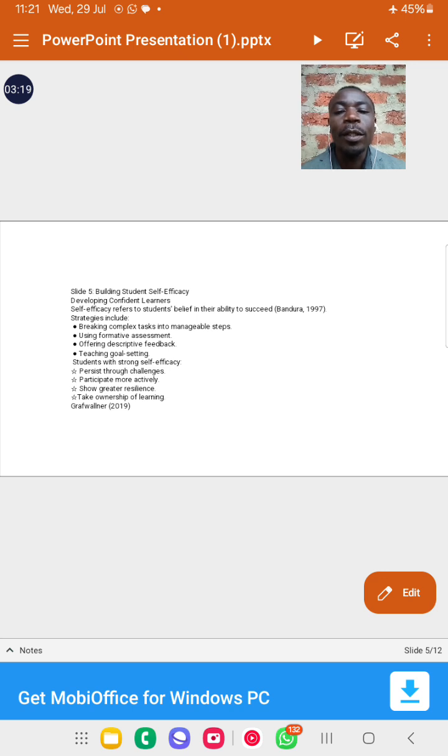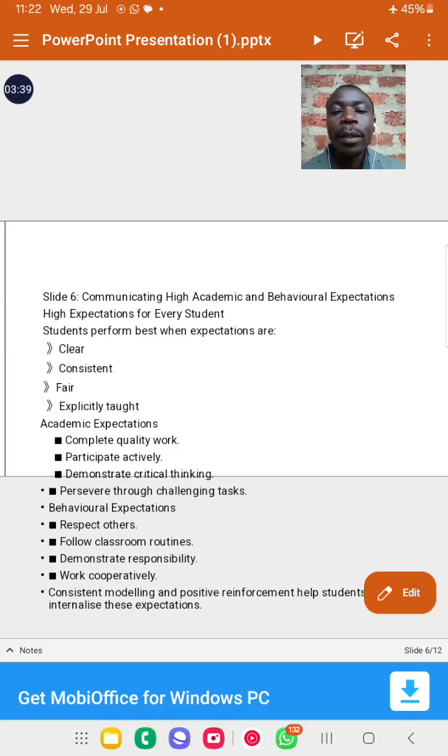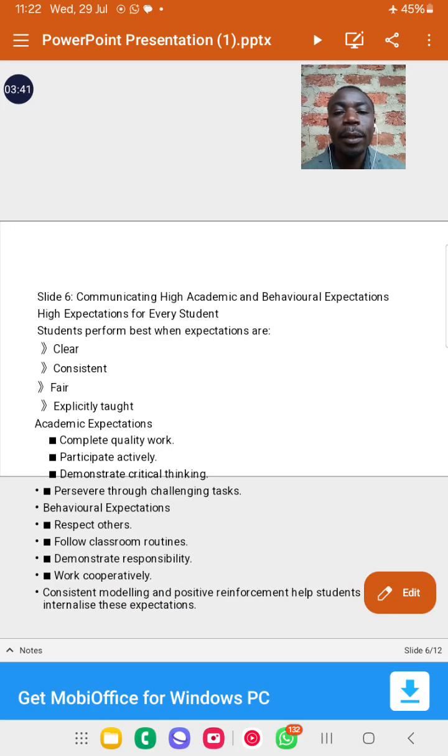Students with strong self-efficacy persist through challenges, participate more effectively, show greater resilience, and also take ownership of learning. This is also supported by Graham and Warren, 2019.